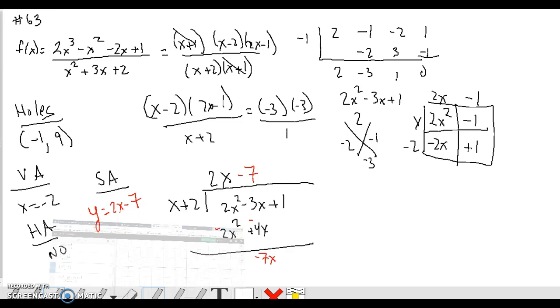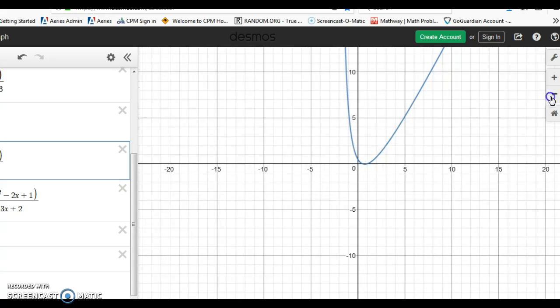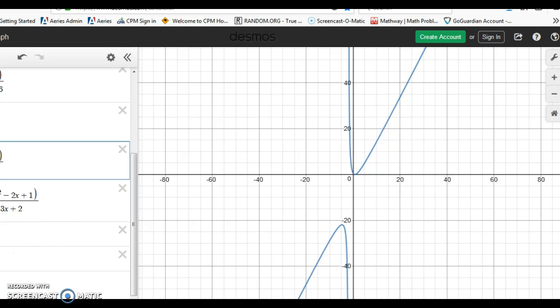So let's see what this graph would look like. Notice on this graph we don't actually see all of it yet, right? Which is okay. So I'm going to zoom out a little bit more. I'm going to go ahead and put in 2x minus 7, and let's pop that guy up. So here our graph is focusing on that.